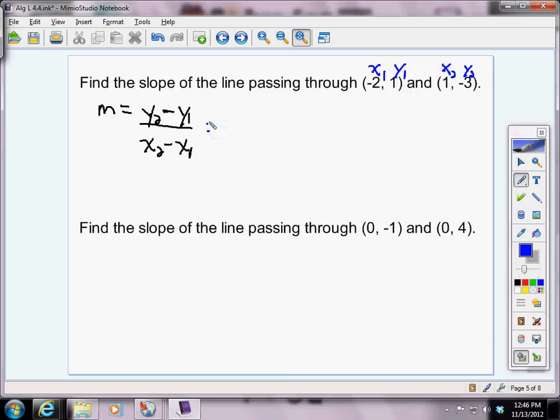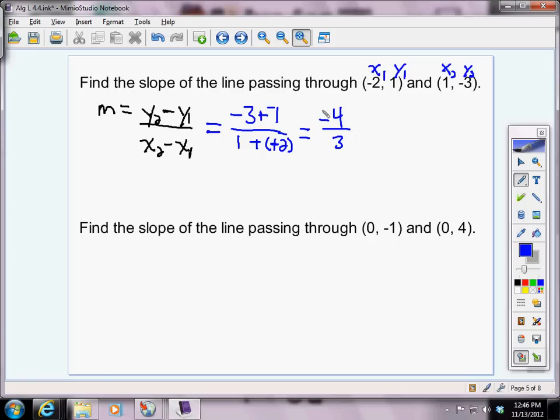So our y2 is negative 3 minus our y1, which is 1, over x2, which is 1, minus our x1, which is a negative 2. Okay, again, be careful with negatives. Negative 3 minus 1, or keep, change, change, negative 3 plus a negative 1 is a negative 4, over, keep, change, change, 1 plus 2 is 3.